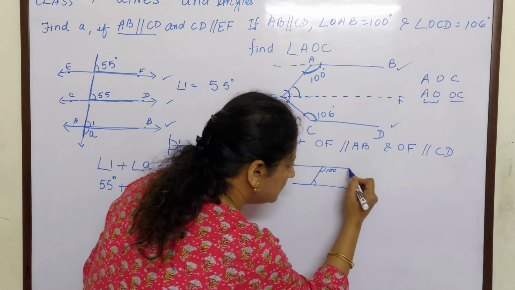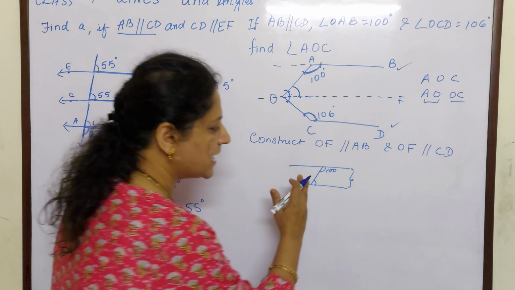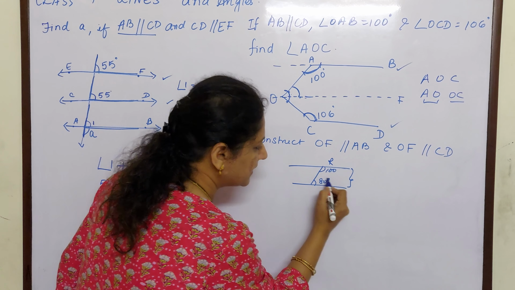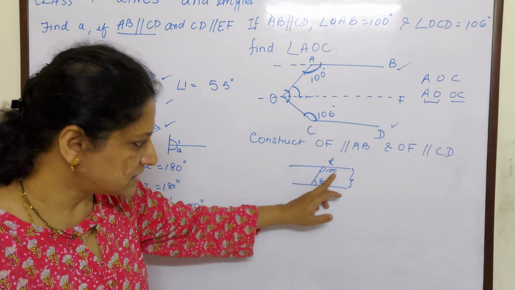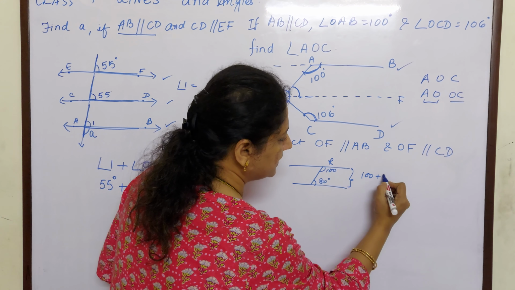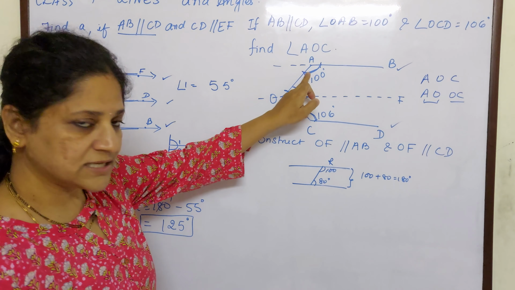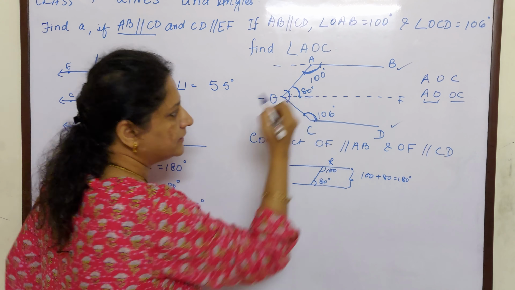This is lying between two lines, so it is interior angles, and both are lying on the same side of the transversal. So interior angles on the same side of the transversal are supplementary. So if this is 100, this will be 80, because 100 plus 80 only will give you 180.